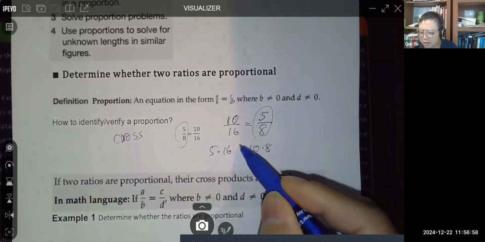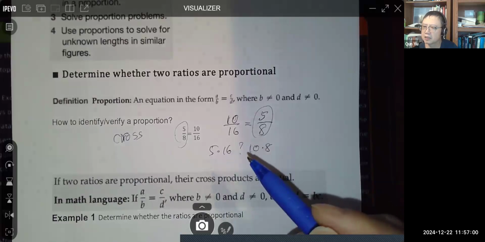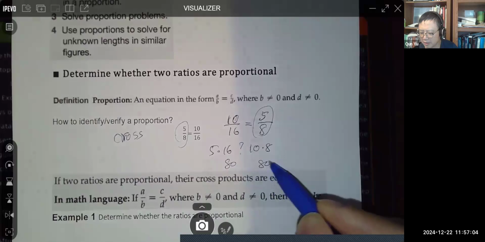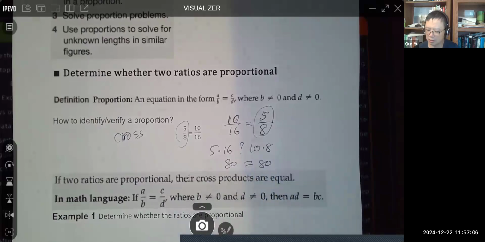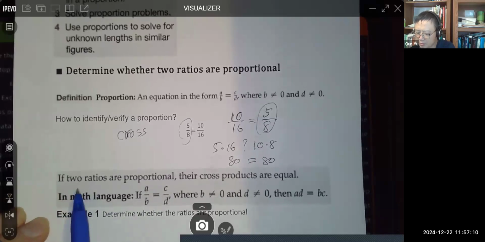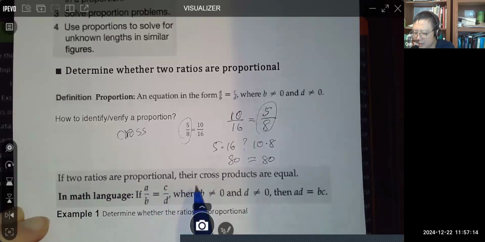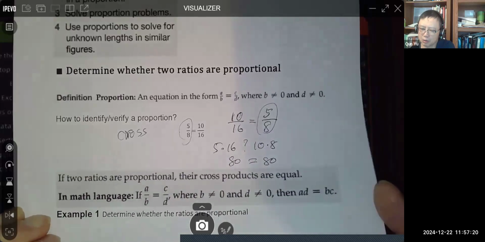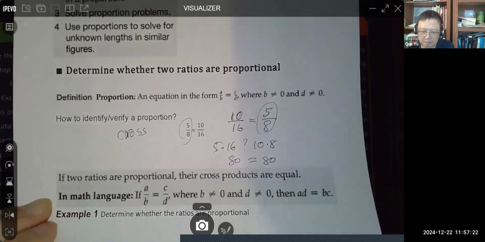We just need to ask if they're equal or not. This is 80, this is 80. They are equal, so this is a proportion. So this is a kind of property: if 2 ratios are proportional, then their cross products are equal. We just did that. So you can use this property to identify if a proportion is true or not.